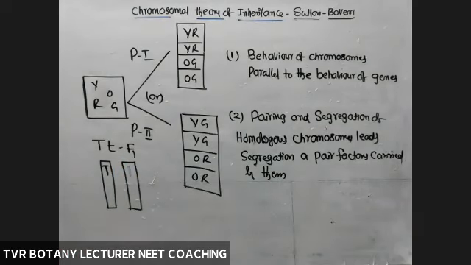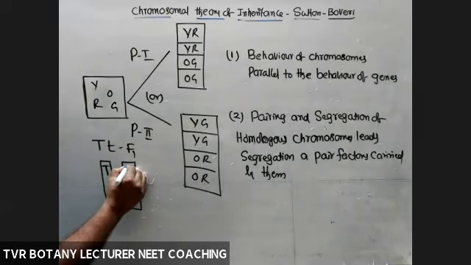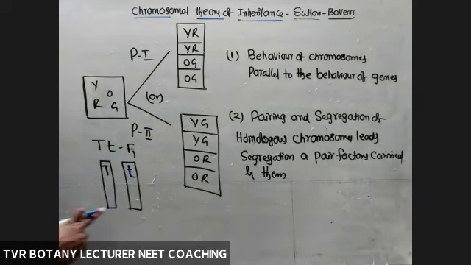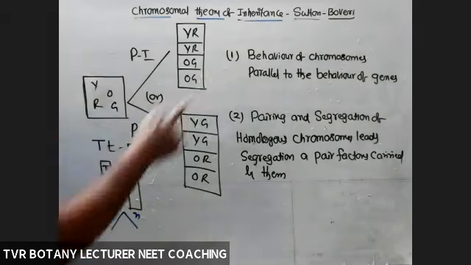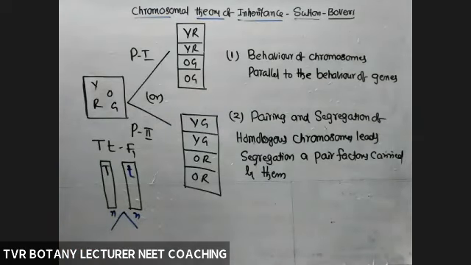So a pair of factors of a gene are located on the homologous region of homologous chromosomes. That is called the locus. Location, locus, capital T. Diploid or not? This one belongs to one haploid set, and this one belongs to another haploid set. So separation of these two during meiosis, separation of homologous chromosomes present in a bivalent.